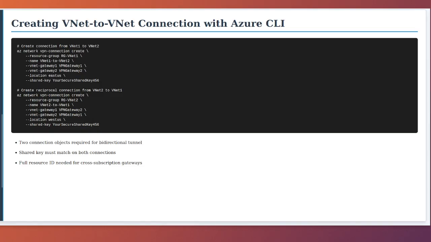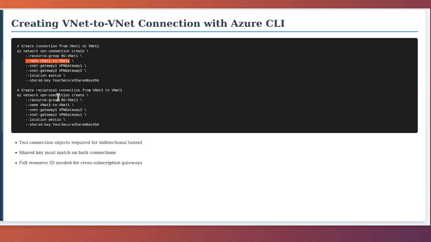The first command creates a connection from VNet 1 to VNet 2 using the az network vpn-connection create command. The resource group parameter specifies RGVNet1, which is the resource group containing the first VPN gateway. The name parameter labels this connection as VNet1-to-VNet2 for easy identification.